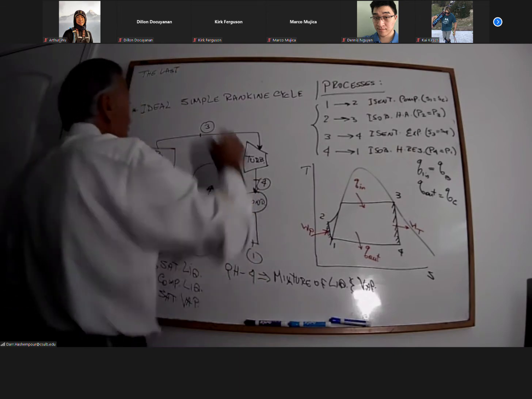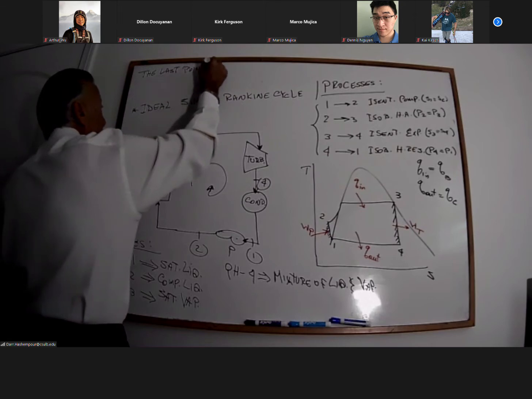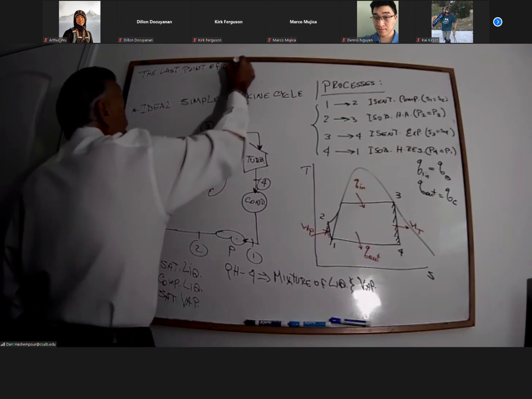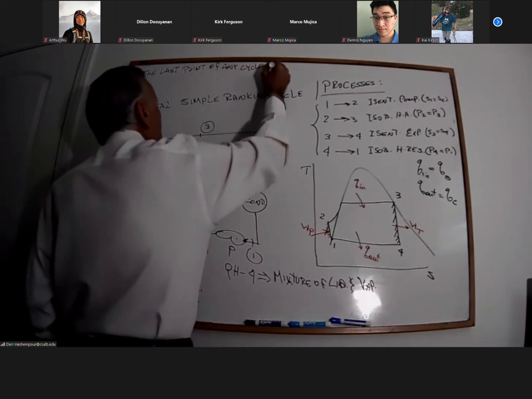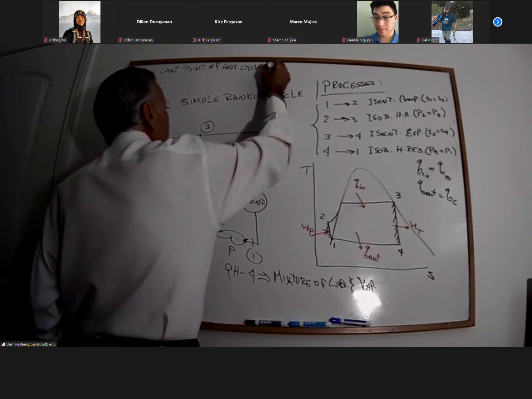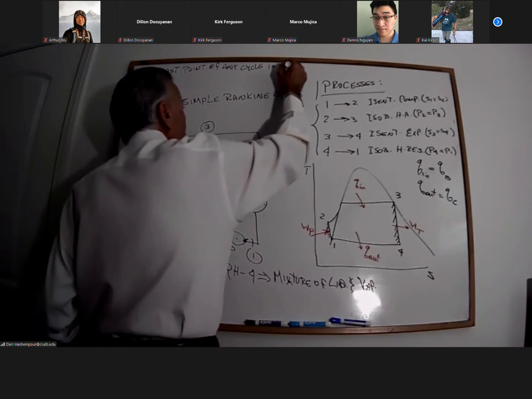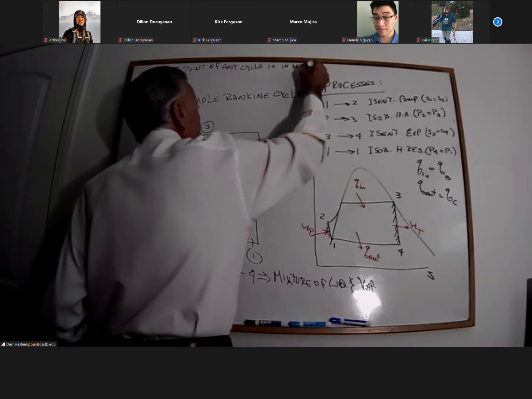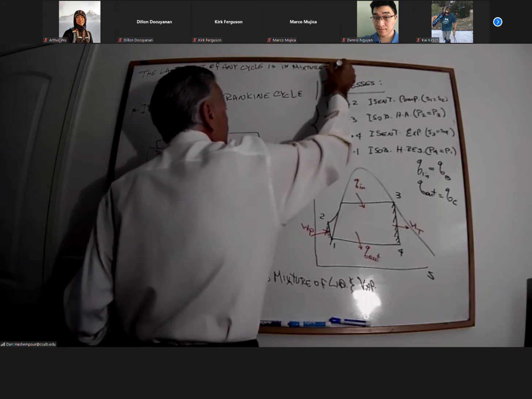Throughout this chapter, the last point of any cycle is in the mixture region.